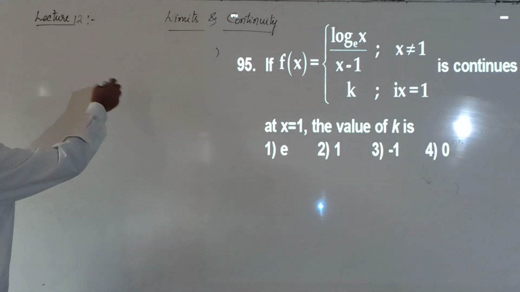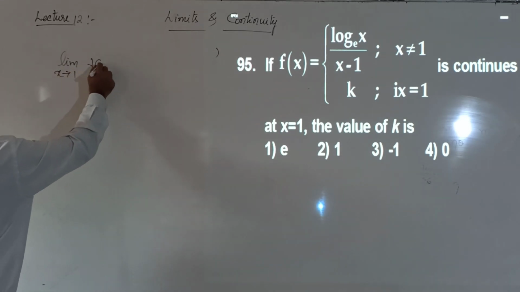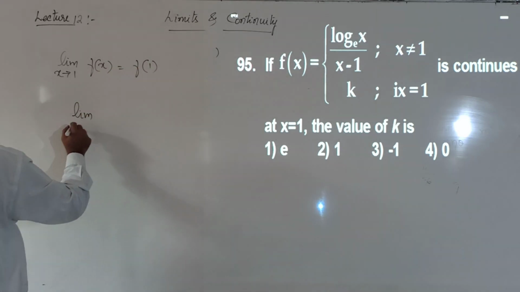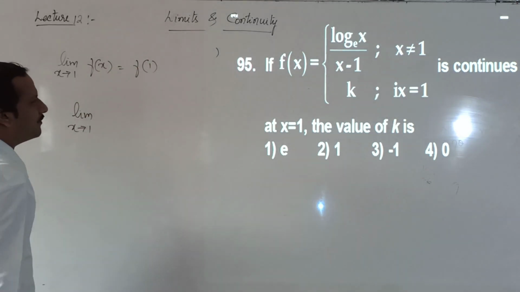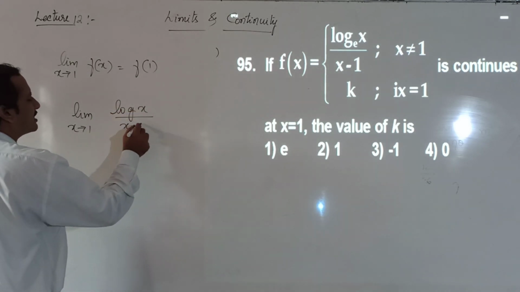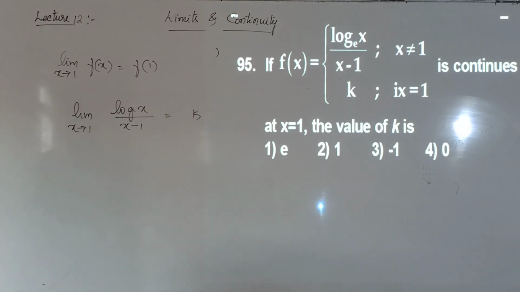Given that the function is continuous at x equal to 1, we can directly write the limit as x tends to 1 of f of x is equal to f of 1. f of x is log x divided by x minus 1. That is equal to f of 1, and f of 1 is k.